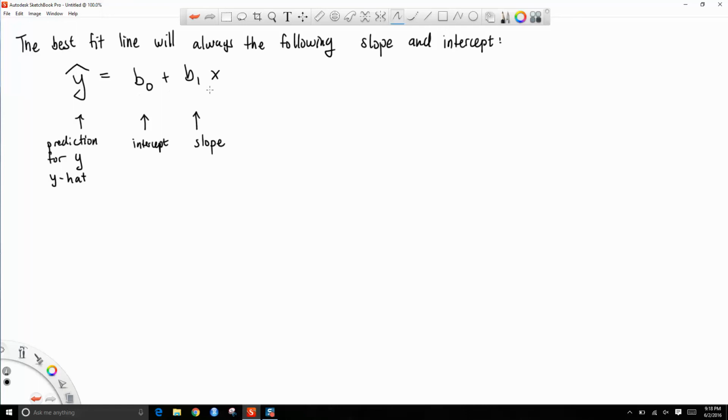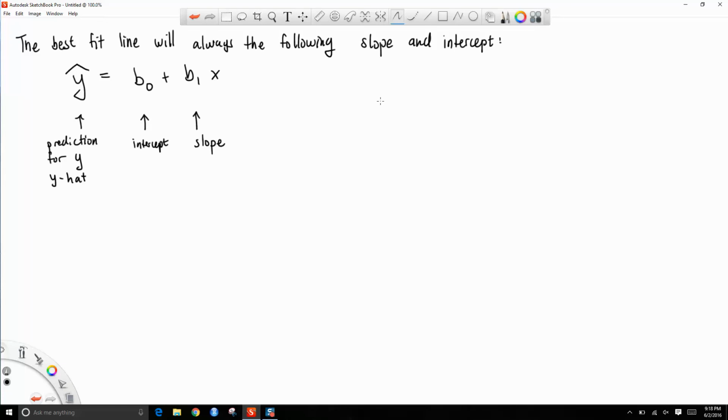The reason is that in more complicated regression you might have b0 plus b1x1 plus b2x2 plus b3x3, if you have multiple predictors used for y.